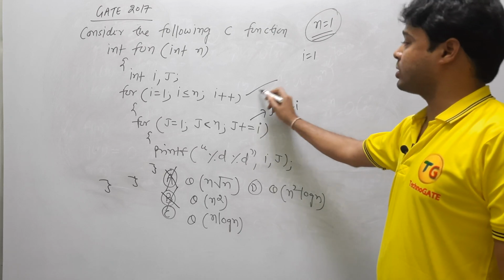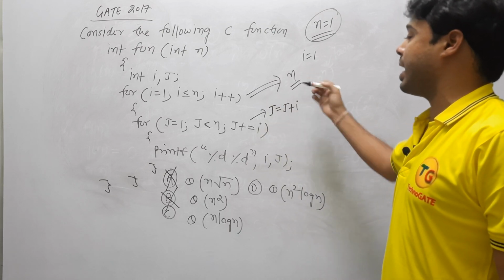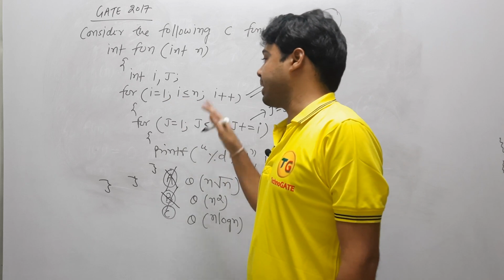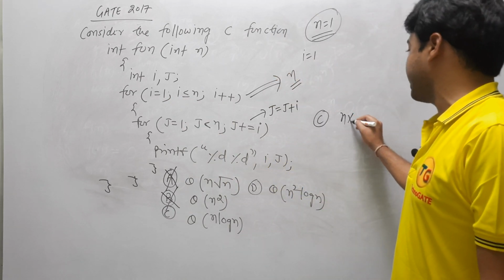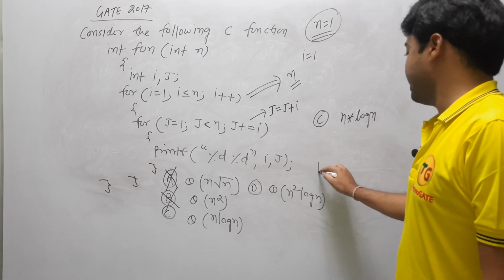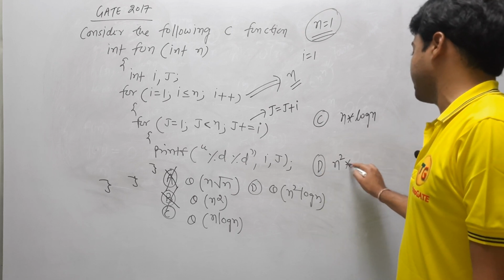What is the first loop complexity? N, it will execute n times. In C it is n into log n, and in D it is n square into log n.